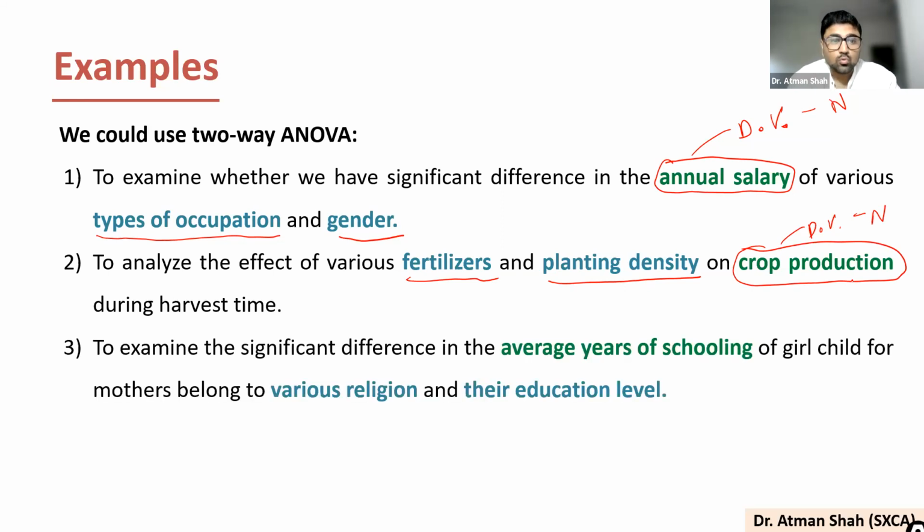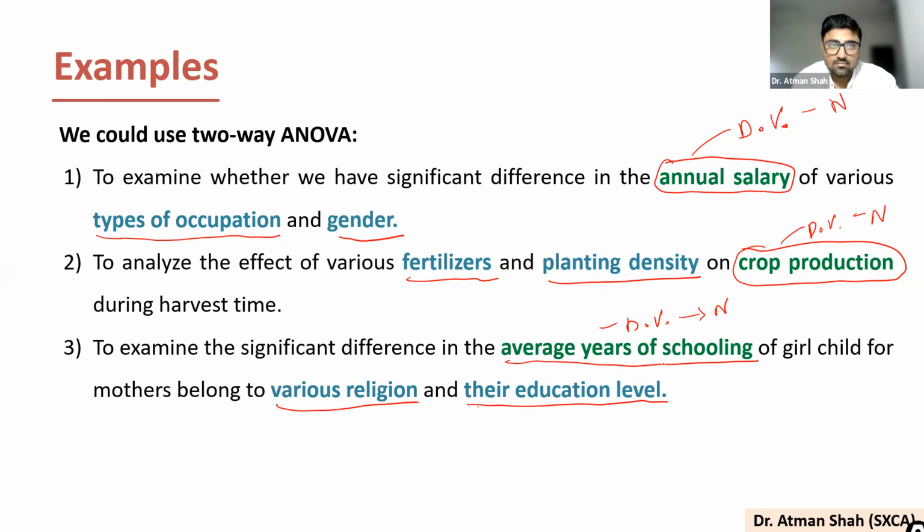Third, examine the significant difference in the average years of schooling of girl child for mothers belonging to various religions and their education level. So average years of schooling is our dependent variable. It must be normally distributed. Then we have two different independent variables, various religions and their education level.